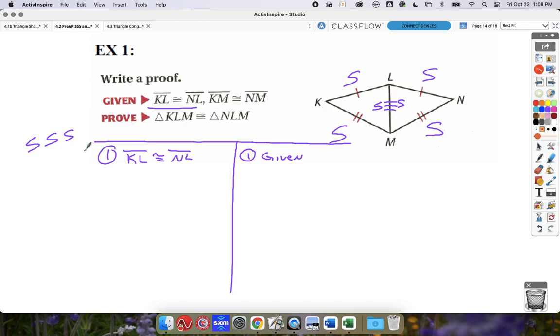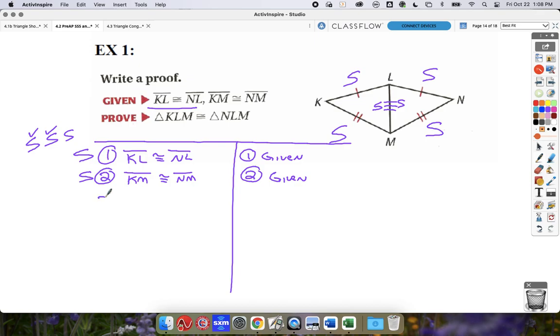This statement says that a pair of sides is congruent. Number two, line KM is congruent to line NM. Why is that true? This statement describes a pair of congruent sides. So right now in my proof, I have two of my S's done.